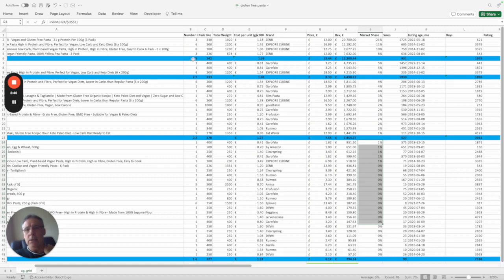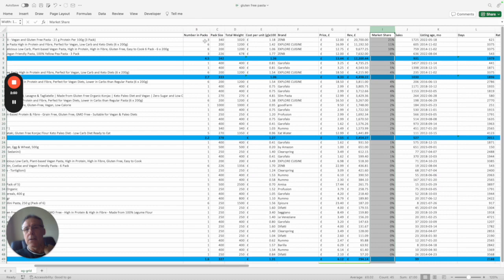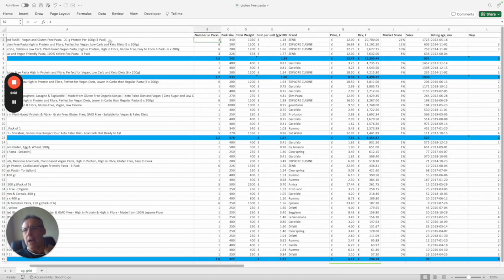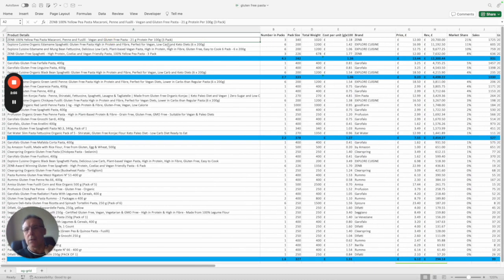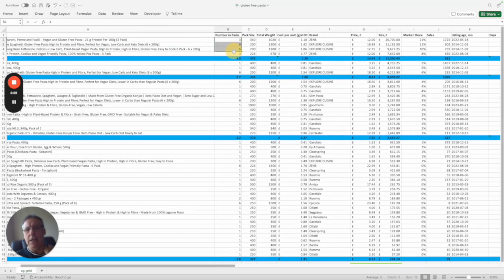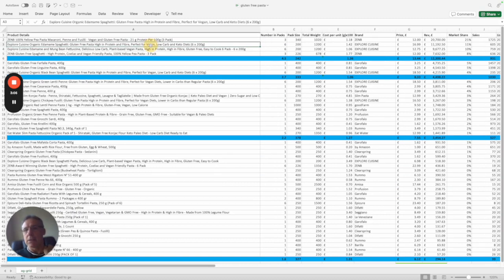So the first thing I did after looking at market size was analyse the number of packs in the product. So this is a 3-pack, a 6-pack, a 6-pack, and a 3-pack. You'll see that here, and then the number of units in terms of grams per pack. So this is a 200 gram, this is a 200 gram.